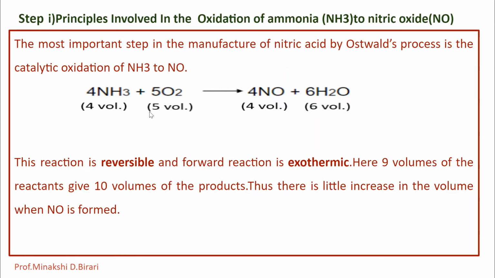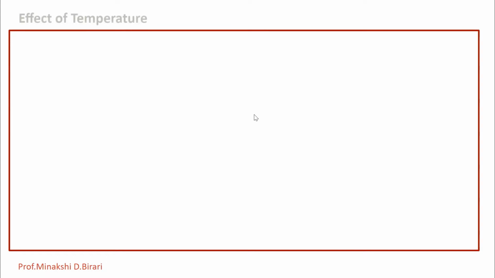Thus, there is little increase in the volume. Here 9 volume gives the 10 volume of product. Thus, there is a little increase in the volume when NO is formed. Let us see the effect of temperature on the first step, that is oxidation of NH3 to NO. So, what is the effect of temperature?